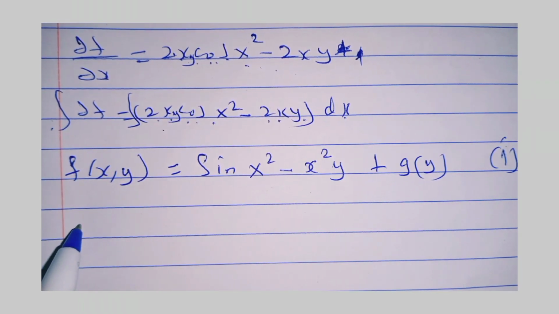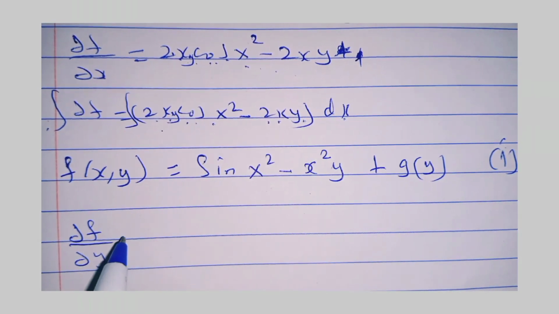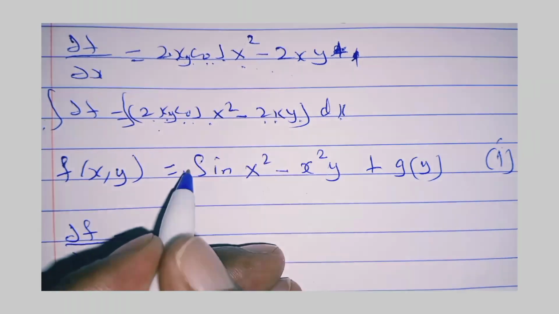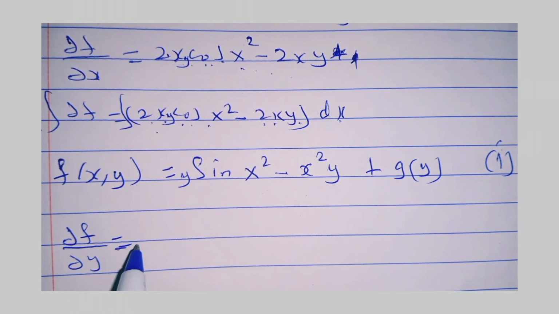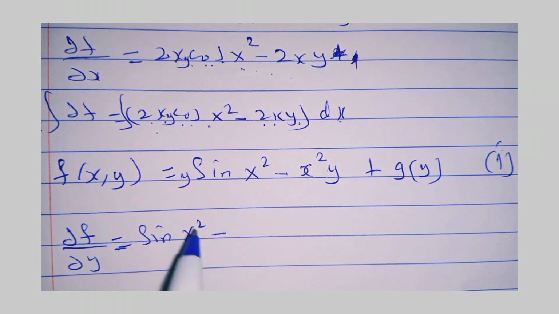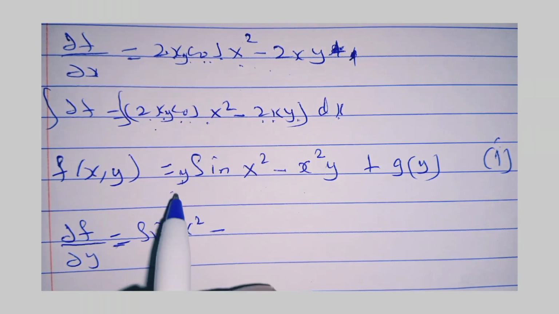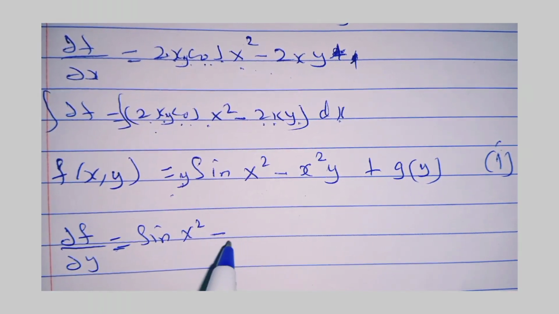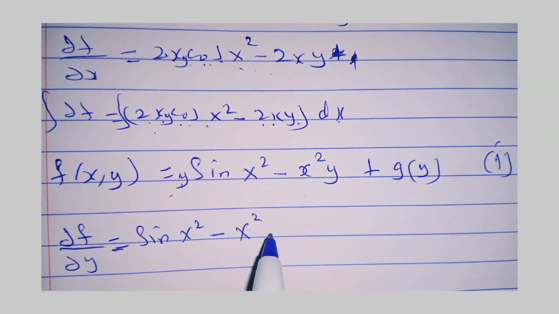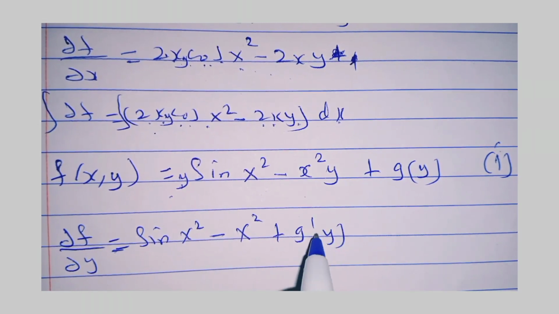Then from 1, we differentiate partially with respect to y to obtain the following. There will be y here. So we obtain sin(x²), because when you differentiate y you get 1 times this, then minus x², then plus g prime of y.